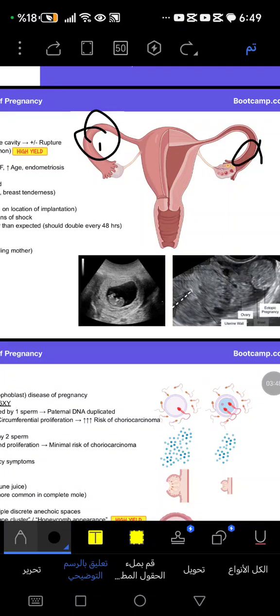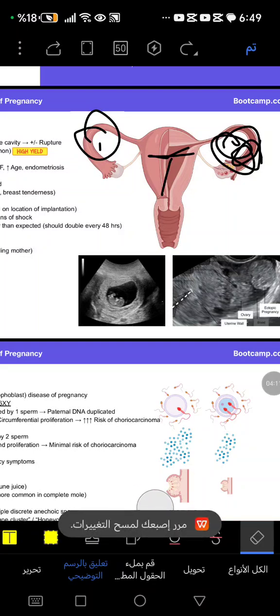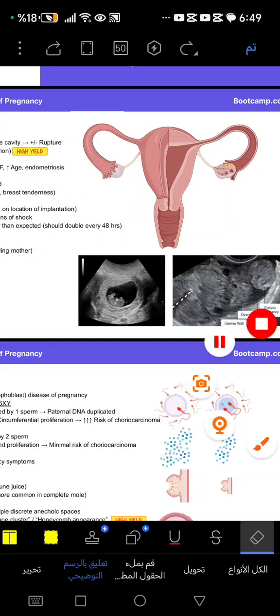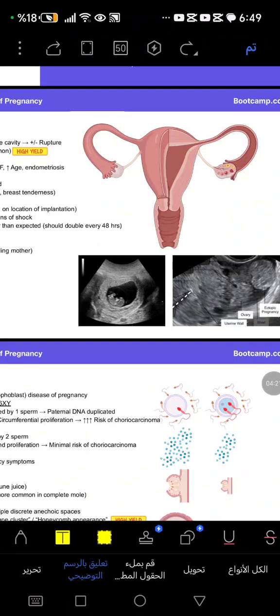So when there's, for example, an intrauterine device that prevents implantation, the blastocyst will implant in the fallopian tube. That's the idea of ectopic pregnancy. So now, we've covered the risk factors and the idea of ectopic pregnancy.